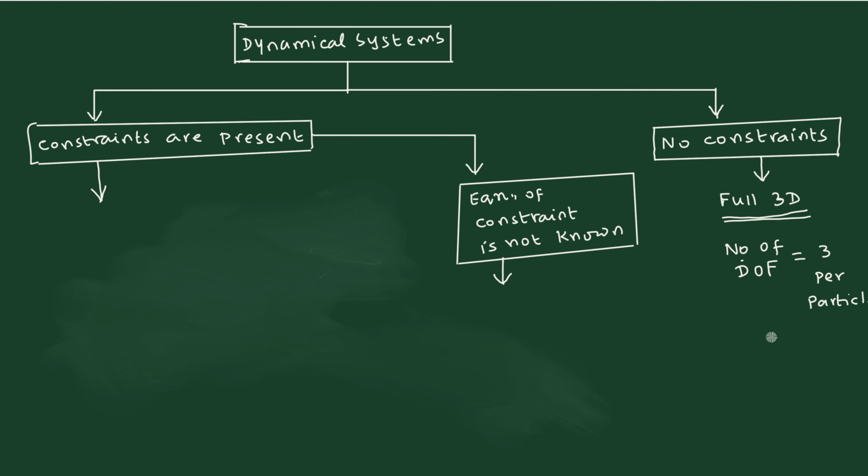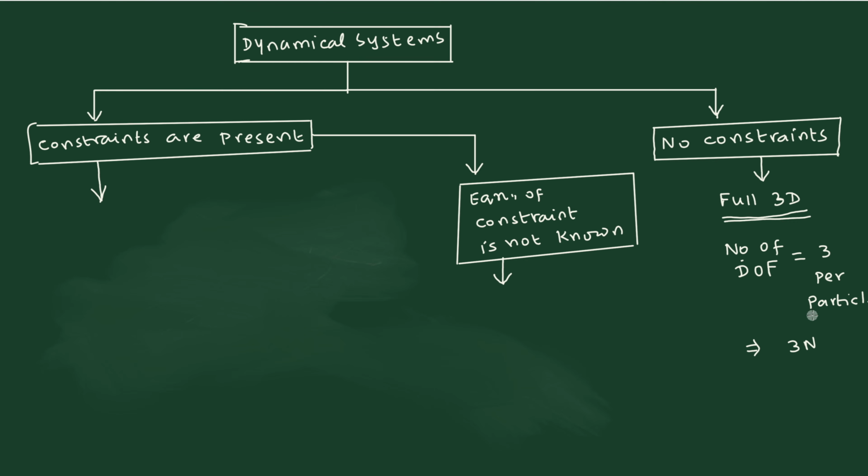So what is the meaning of that? If there are n number of particles, then the number of degrees of freedom would give you 3 times n. So 3n we can write, where capital N is the number of particles in the physical system.